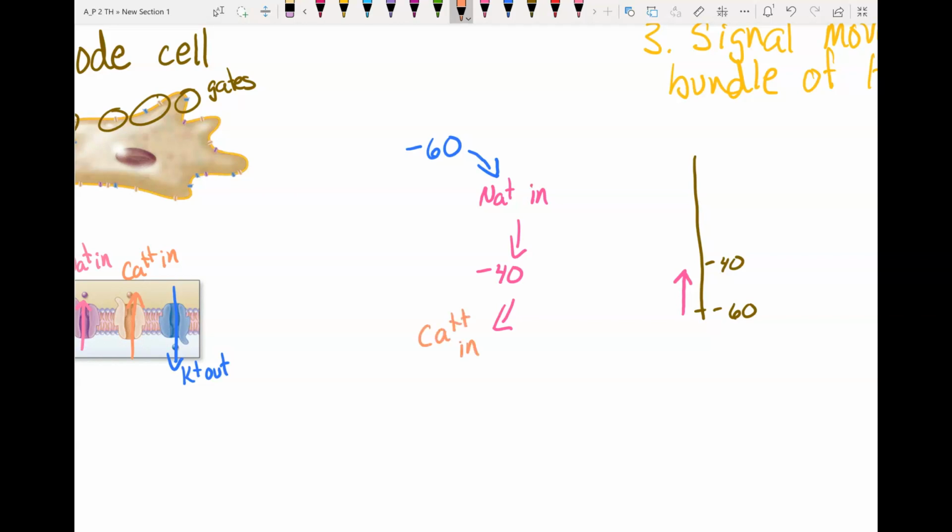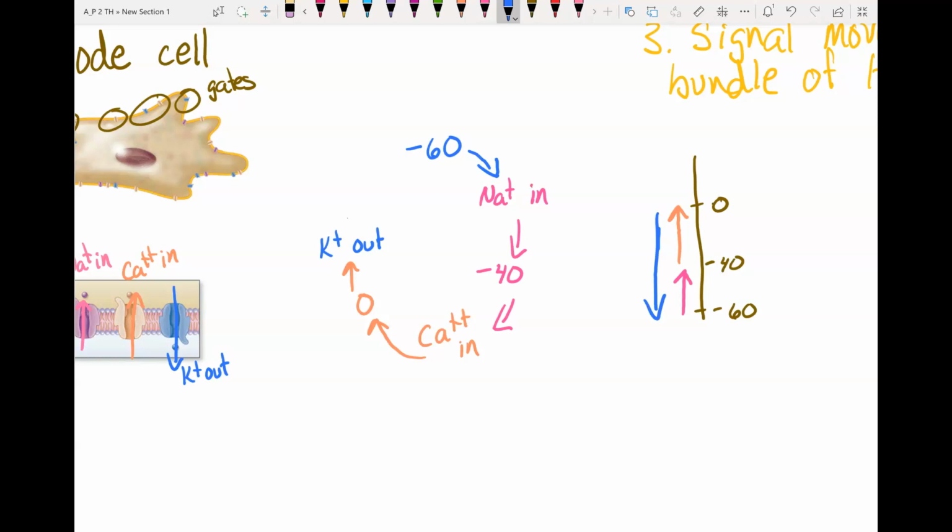And calcium comes in. Well, we have more positive ion coming in. So we're going to, again, raise our voltage. This time we raise it up to 0. Zero stimulates the potassium gate to open. And potassium goes out. And when potassium goes out, you reduce your voltage.